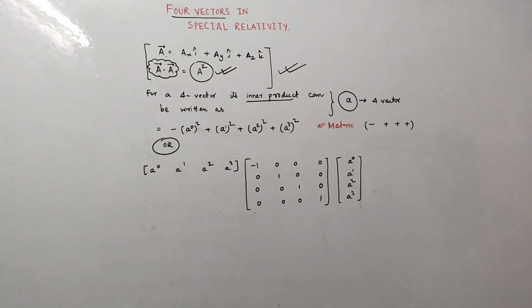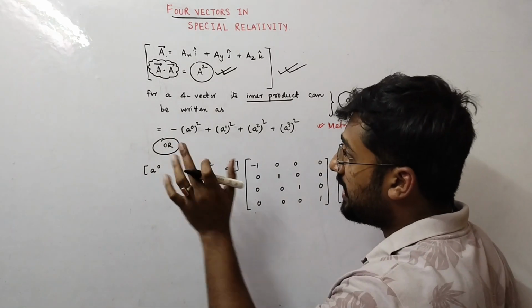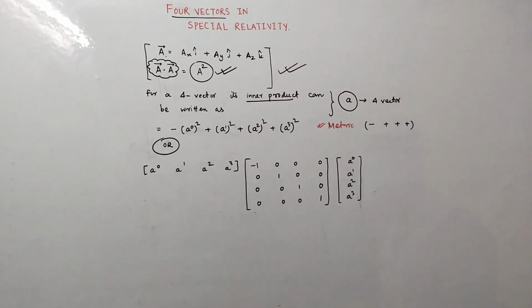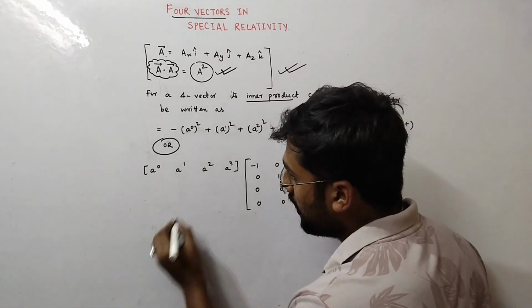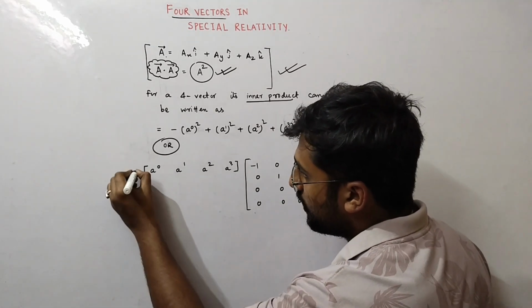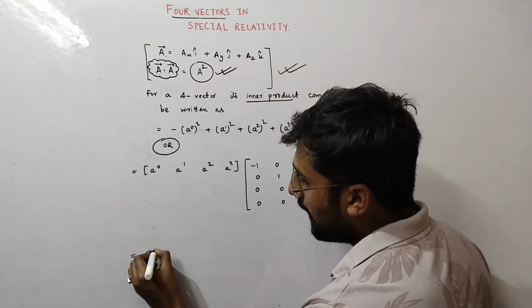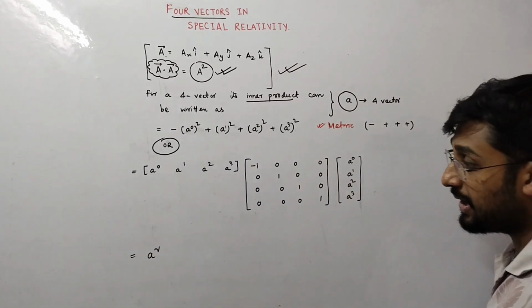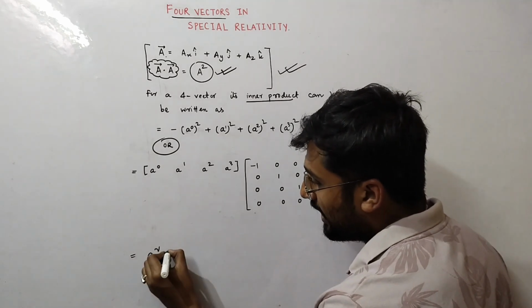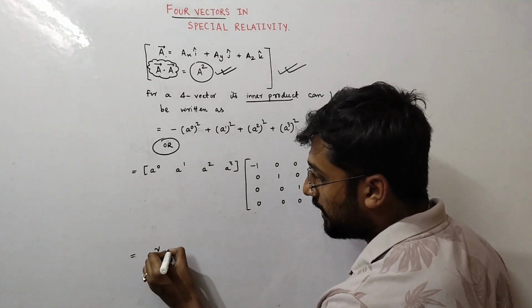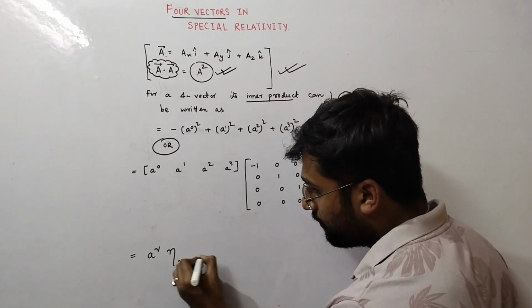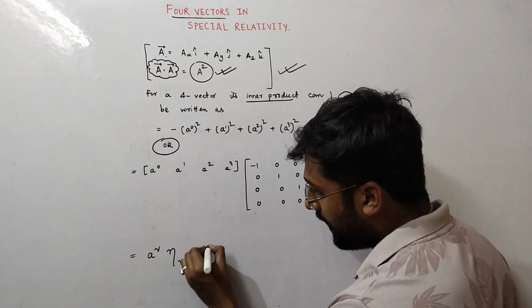What I've done is I have written this form into this form. Now I'll write it down in a much simpler manner. This can be written as A mu, and this is nothing but the metric tensor. I am representing this metric tensor as eta mu nu, and then A nu.